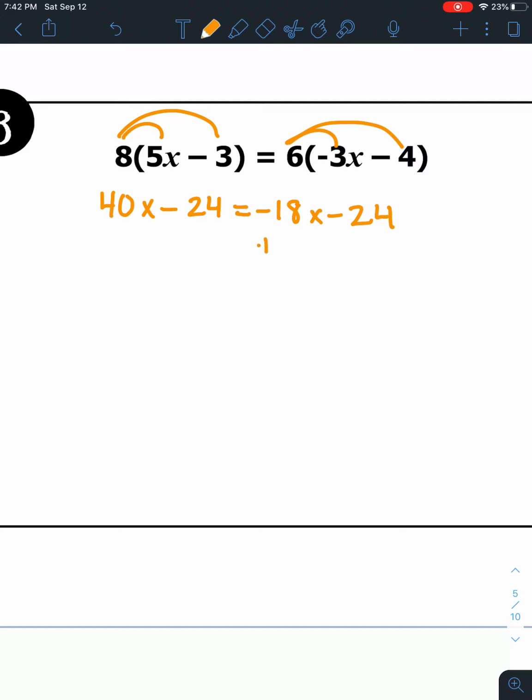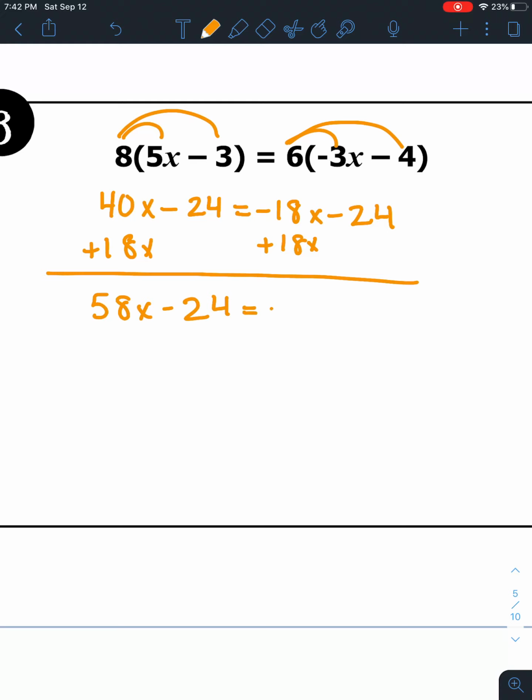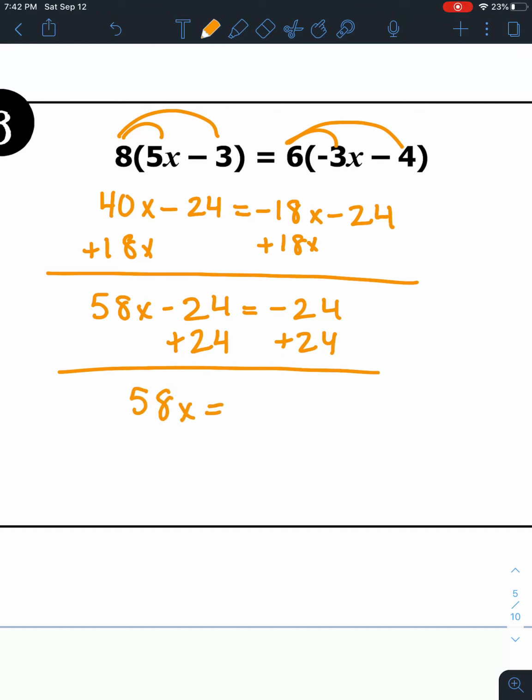Okay, so I'm going to add 18x to both sides. That will give me 58x minus 24 equals negative 24. I'm going to add 24 to both sides. So that gives me 58x equals 0.